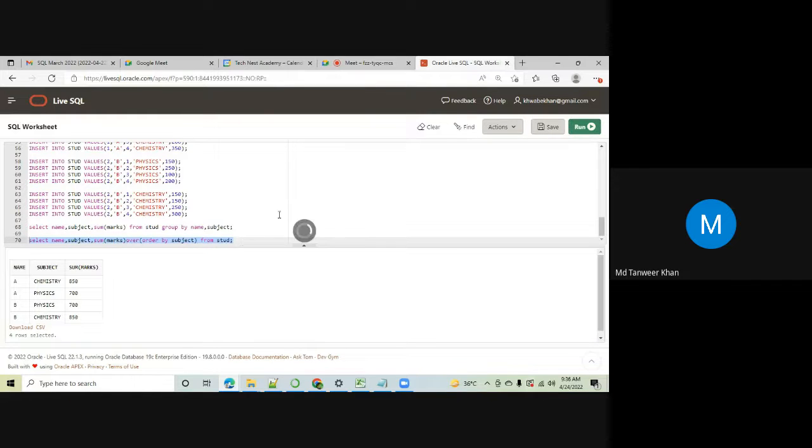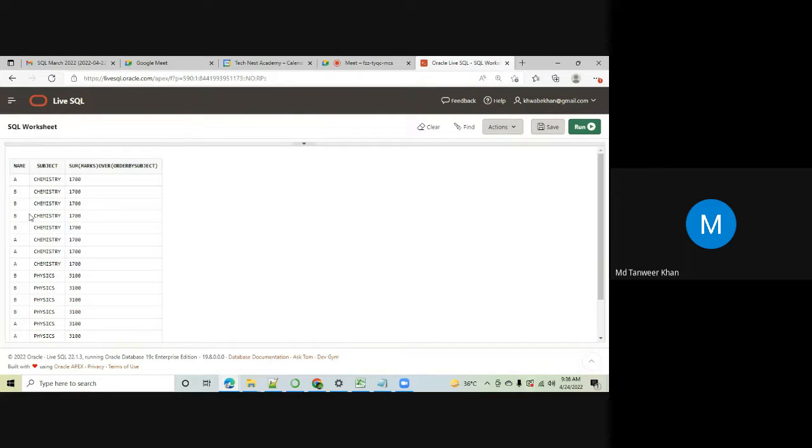Now let's see what I'm trying to show you here. Here I'm trying to show sum of marks over order by subject. Whenever your SQL engine sees this kind of window function, first of all it will sort by what I mentioned here, order by subject. So it will sort based on the subject first. Can you see it is sorted based on subject?